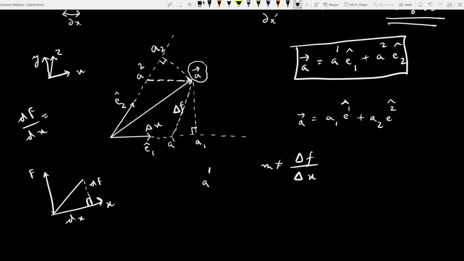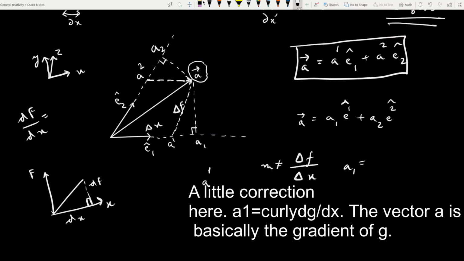So this A1 would be our del A by del x, and that would be our A1 covariant vector.